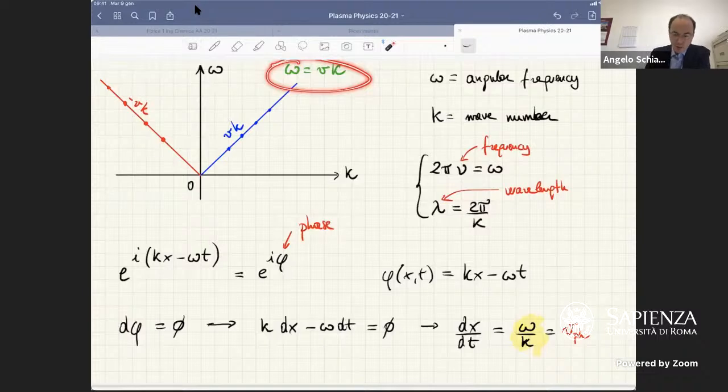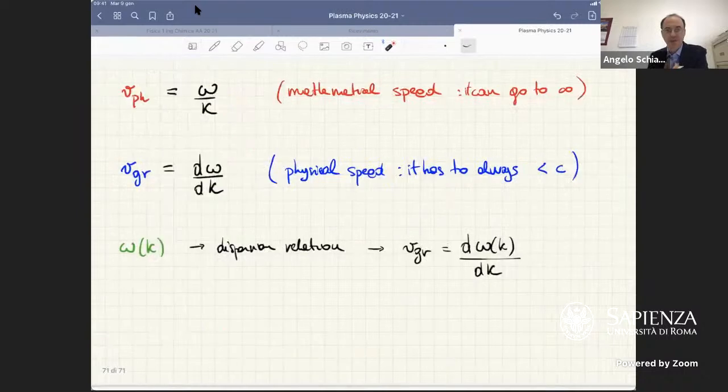And actually, what we see here is what is called a non-dispersive relation. The simplest example that we can start with is an example where the dispersion relation is describing a non-dispersive medium.